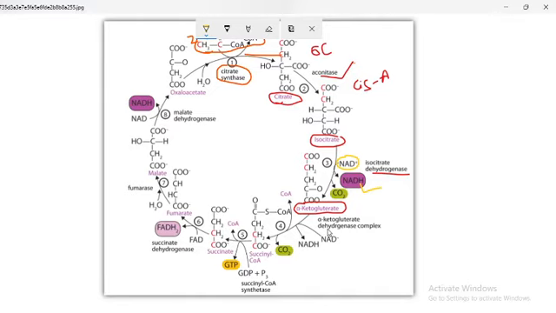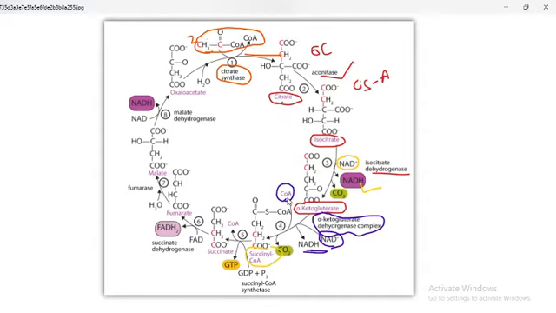This alpha ketoglutarate is converted into succinyl-CoA by the enzyme alpha ketoglutarate dehydrogenase complex. In this reaction NAD is converted into NADH. During this process the CoA group is released along with carbon dioxide.